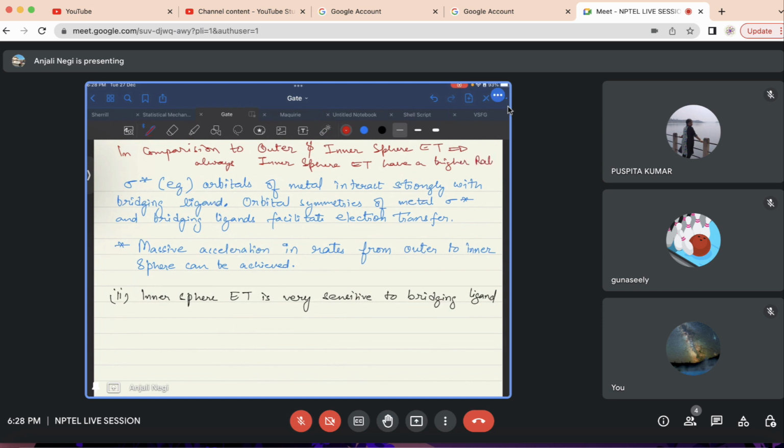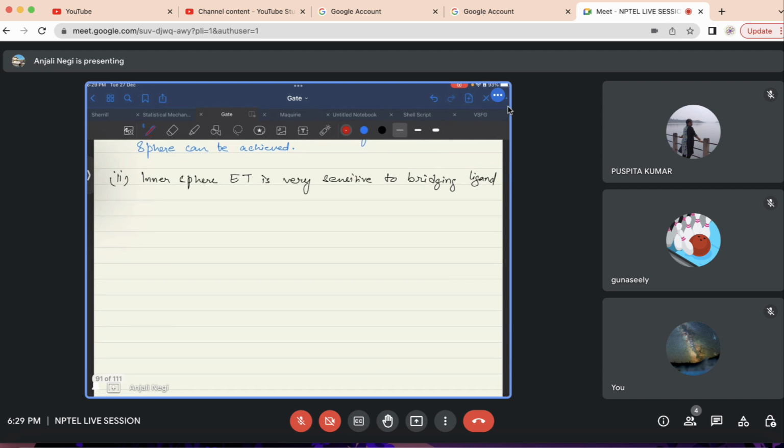Okay. Yes, so the reason is also written: the orbital of the metal interacts strongly with the bridging ligand, and these orbital symmetries of the metal, that are sigma antibonding, and the bridging ligand facilitate electron transfer. So the rate is massively accelerated in the case of inner sphere electron transfer.